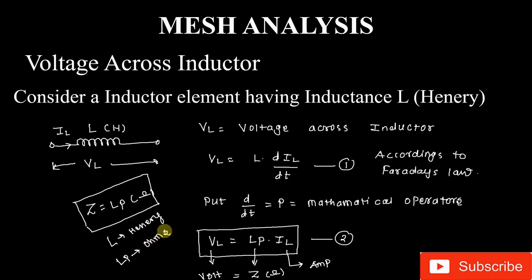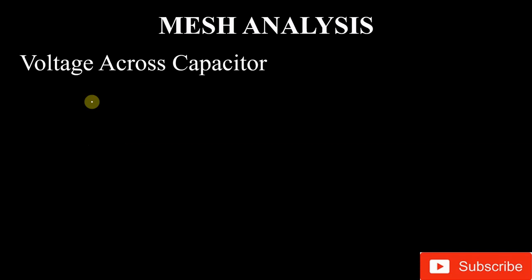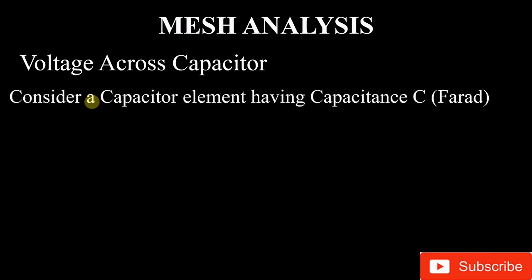Right. Now about the voltage across the capacitor. For that I am considering a capacitor element having capacitance value C, which is measured in farad. Now I will draw the symbol of the capacitor. We know that the capacitor is basically two parallel plates, out of which one is positive and another is negative. So the symbol is C, measured in farad.